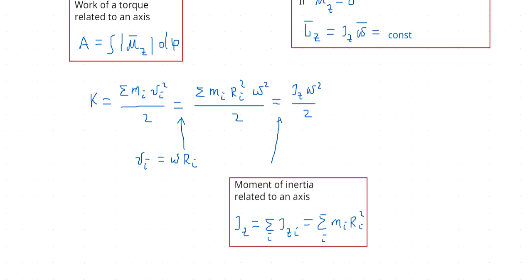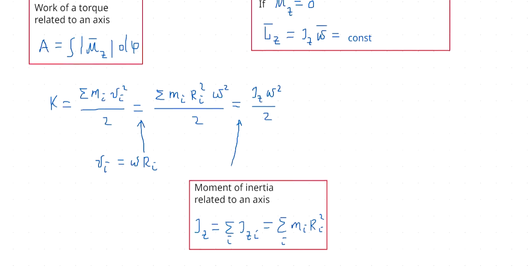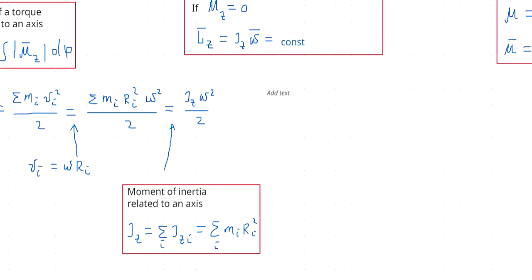So we have obtained kinetic energy in case of rotational motion around a fixed axis.